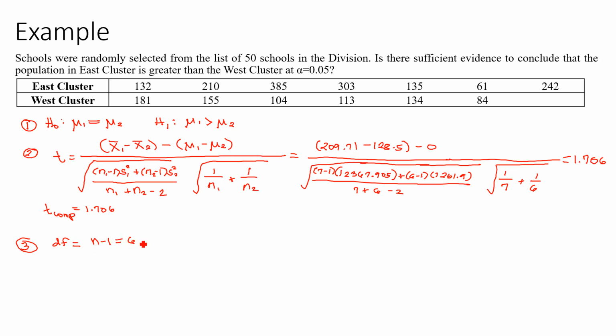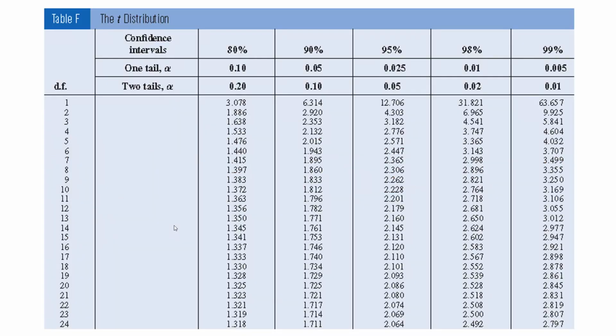Okay, let's now refer to our table. In this case, this is a one tail test again, and we have 5 degrees of freedom. So 1, 2, 3, 4, 5. This is our tabular value.